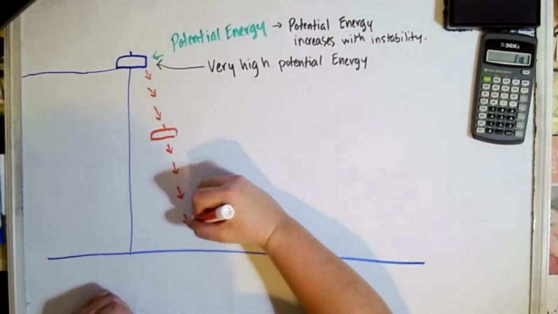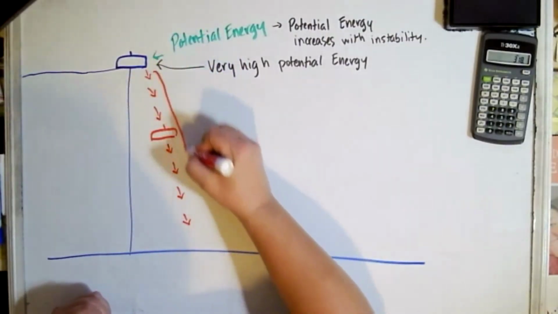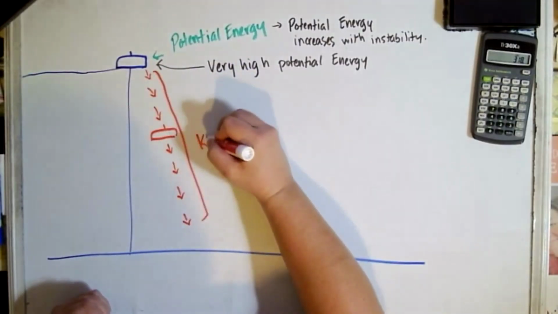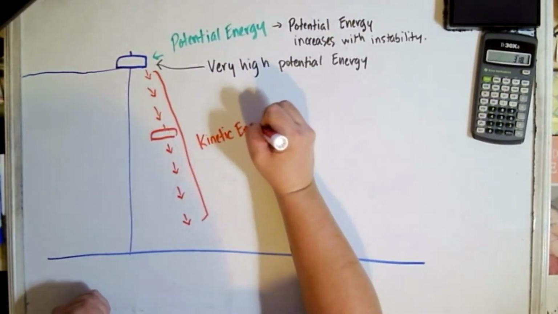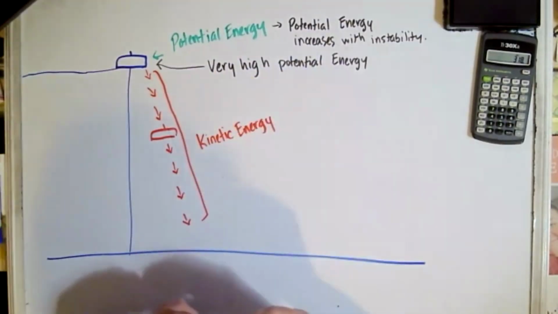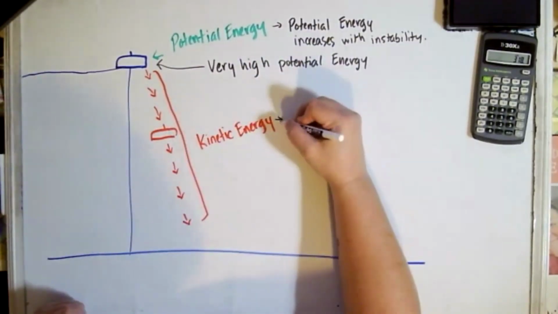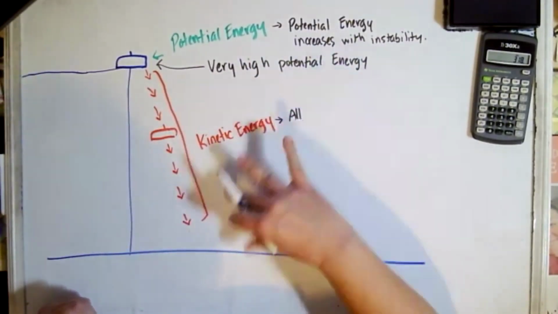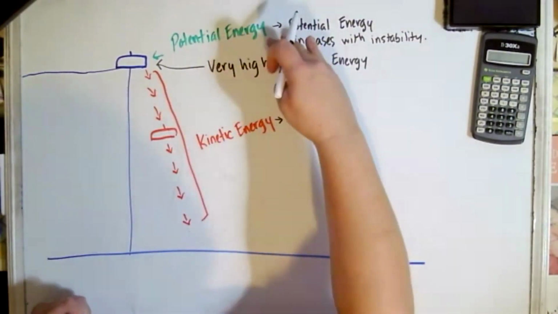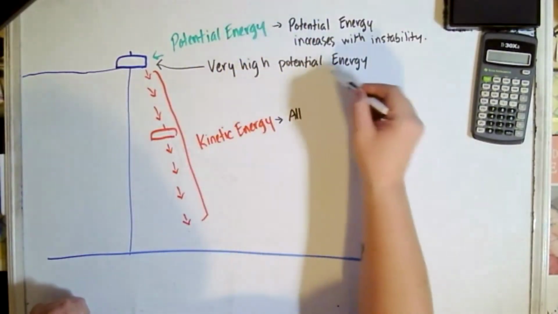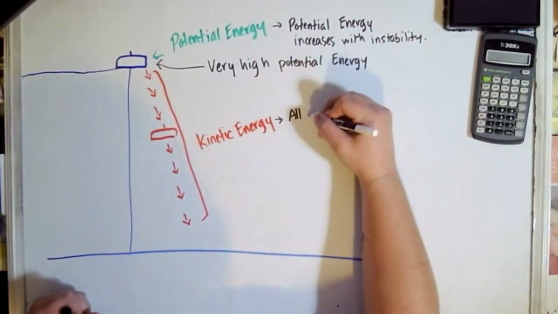So this whole time, with these red arrows, all of this is kinetic energy. All of our potential energy that we had up here, these high amounts of potential energy, converts into kinetic energy.